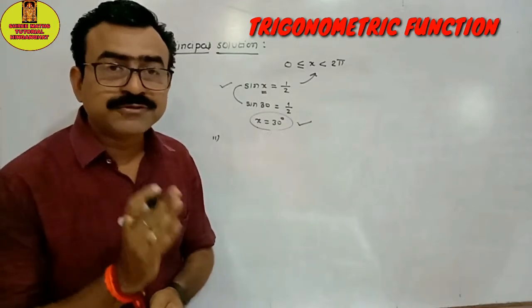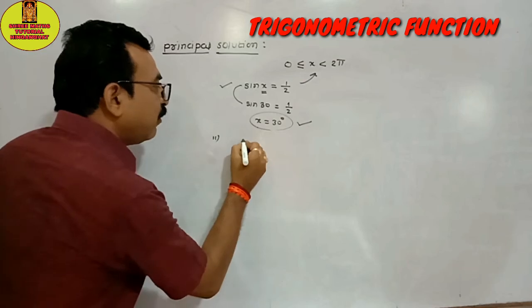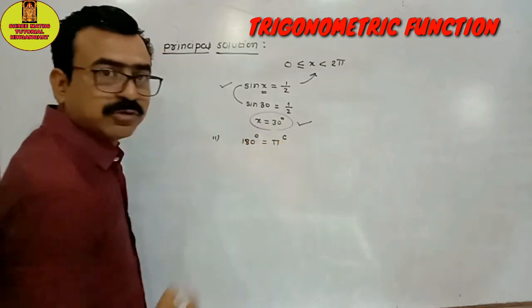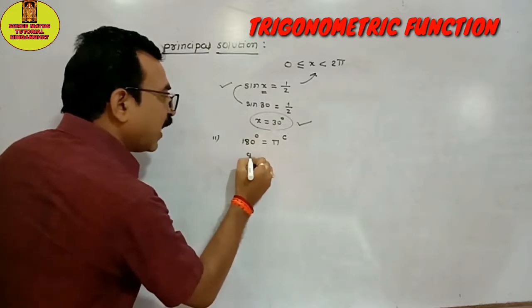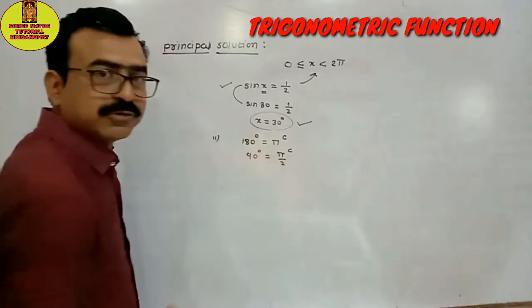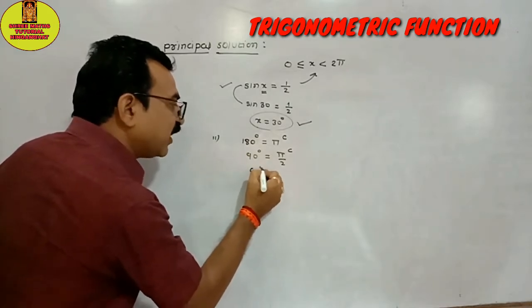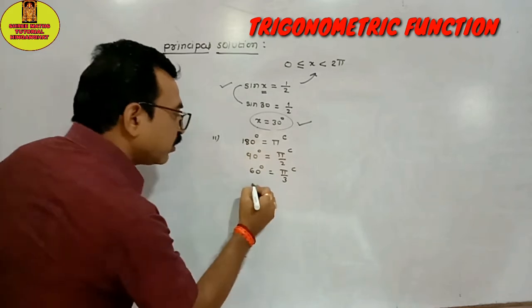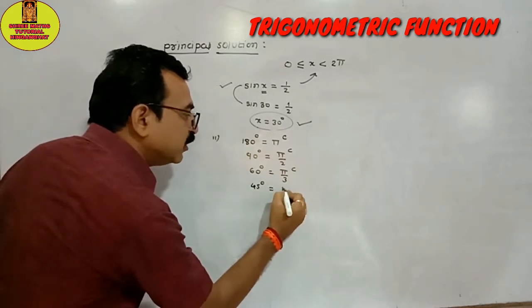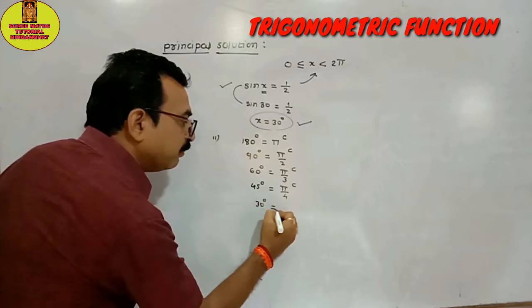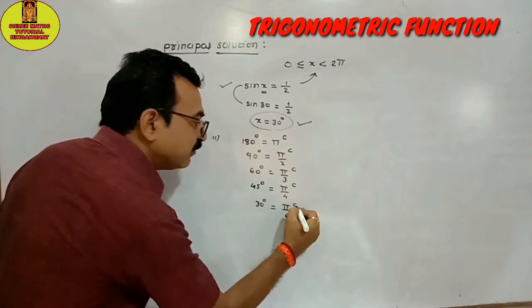not in degree. Understood? So friend, 180 degree means pi radian. Got it? 90 degree means pi by 2 radian. 60 degree means pi by 3 radian. 45 degree means pi by 4 radian. 30 degree means pi by 6 radian.